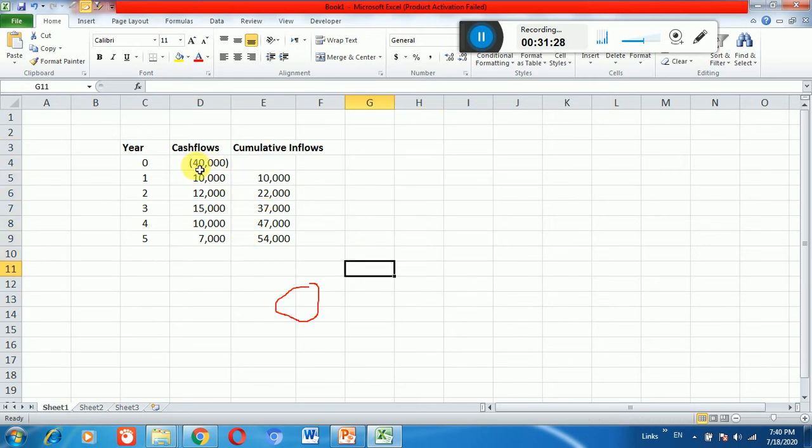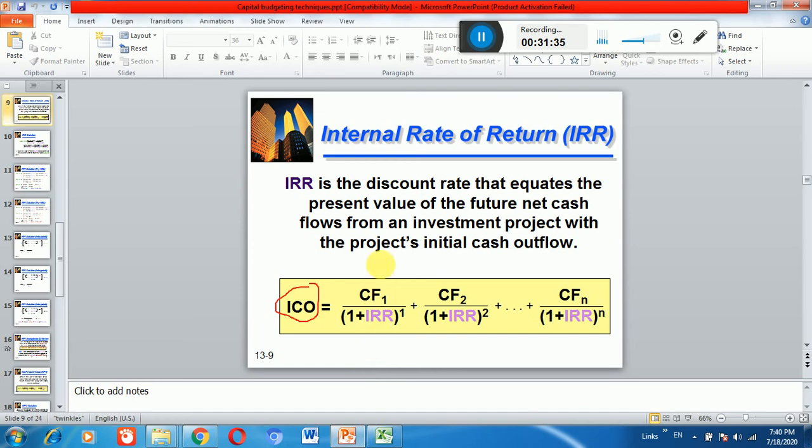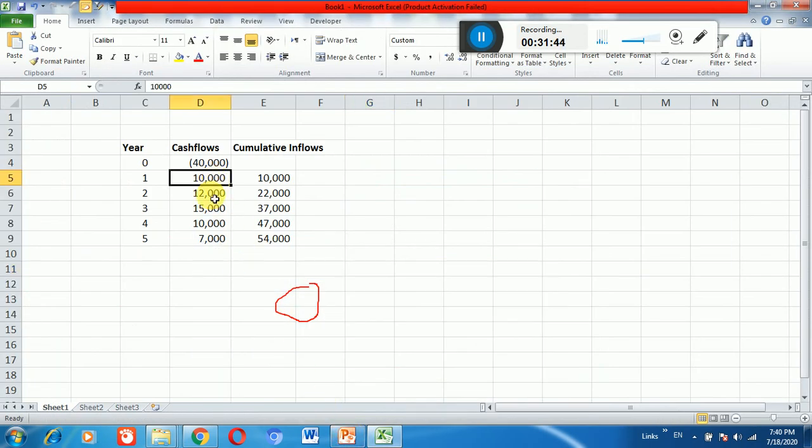The first cash flow we are paying is the initial cash outflow, and then the next, CF1, is the cash flow after 1 year, then after 2 years and 3 years. Like here, this is CF1, CF2, CF3, CF4 and CF5.